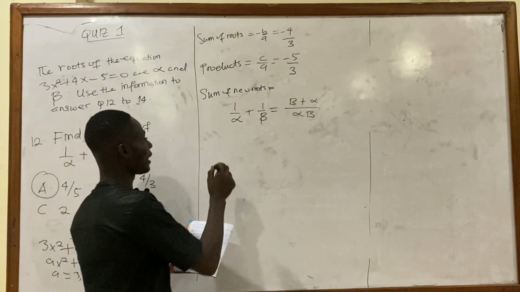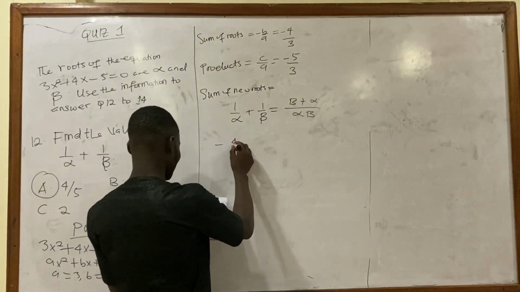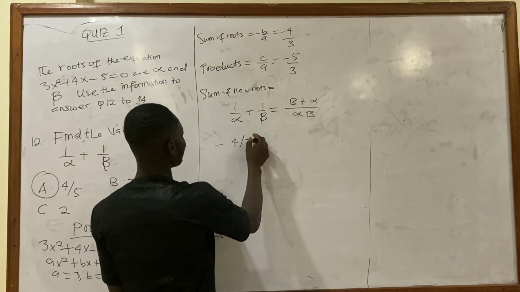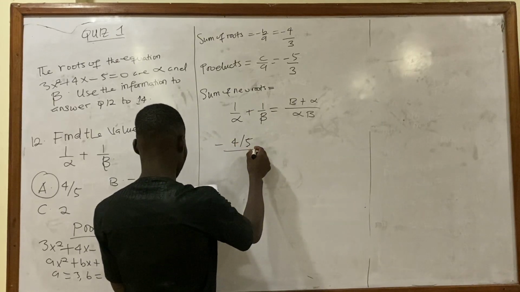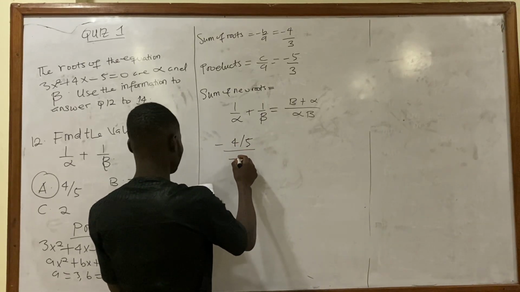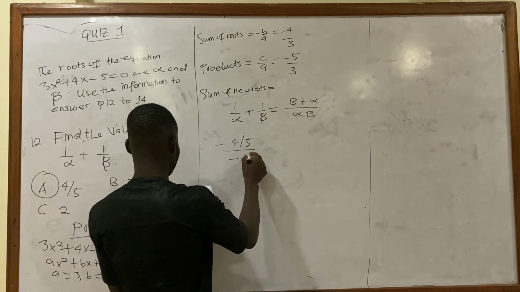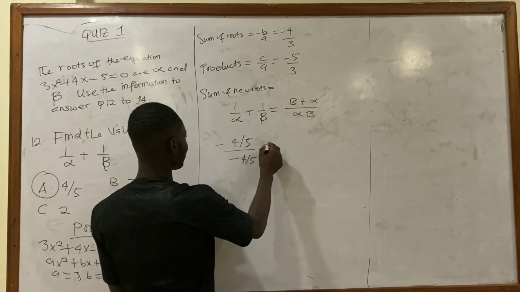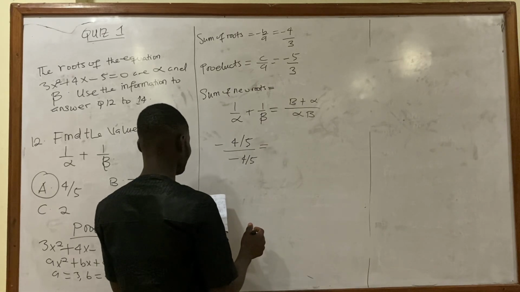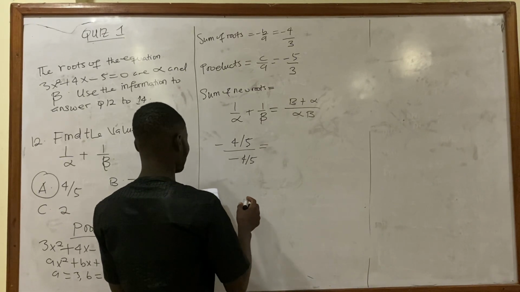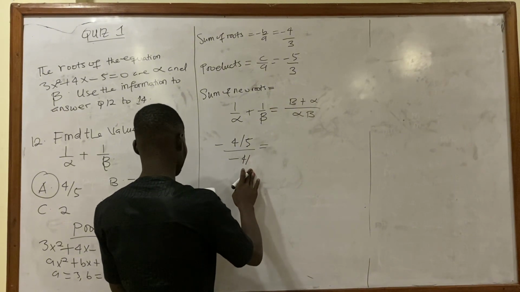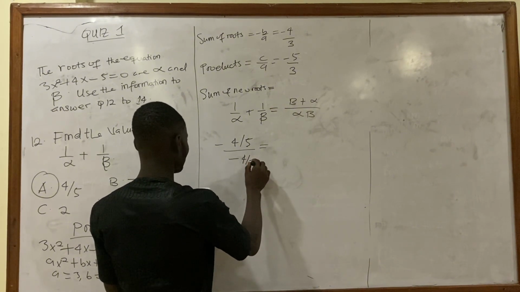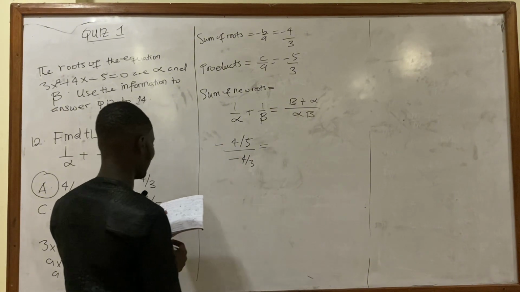So this we have minus 4 over 3 all over minus 5 over 3.